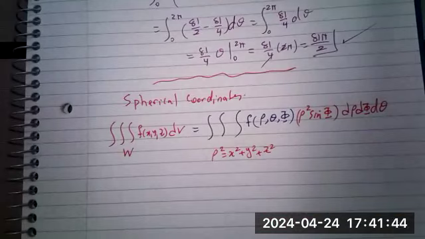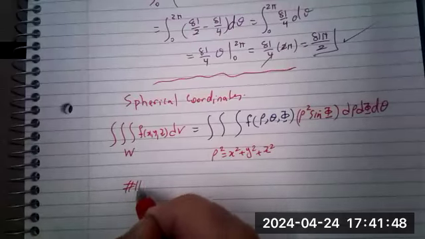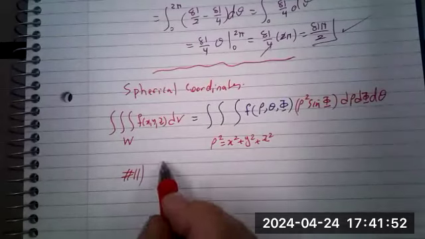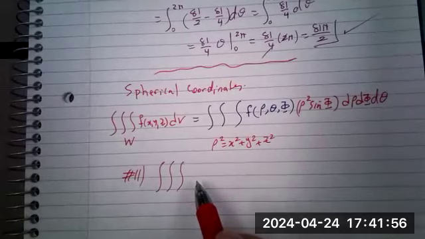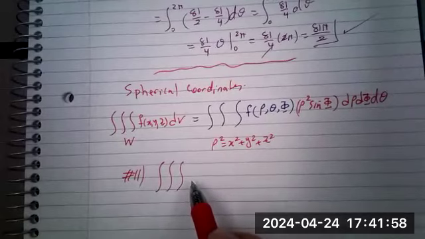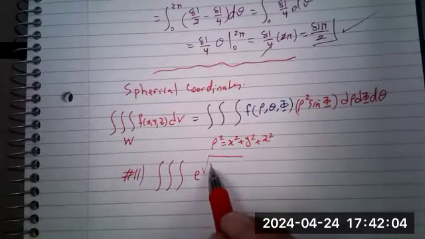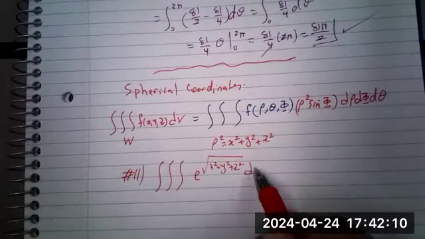And the famous one is this number 11. We want to integrate this one. We did one version of this; in fact, we did exactly the same one the other day. This is it: the integral of the square root of x squared plus y squared plus z squared dV.